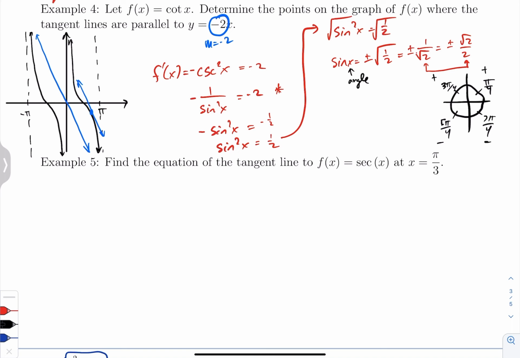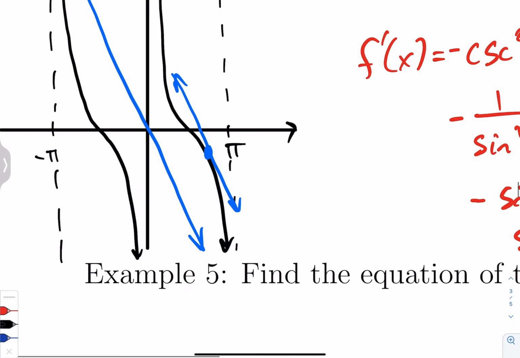So in other words, if we look back to where our graph was over here, the first one would be pi over 4, which might be something like right here. And then 3 pi over 4 might be here. And I guess that's true. We could see, looks like we have a parallel tangent line like right there. Okay.